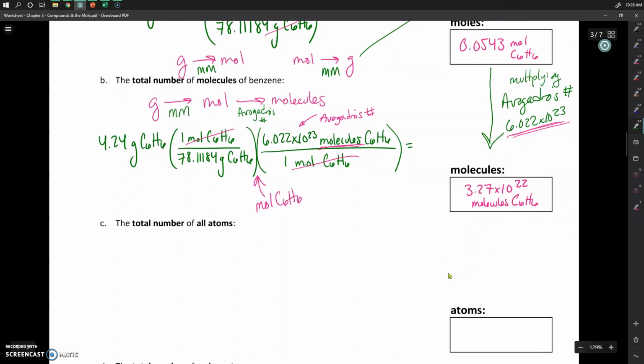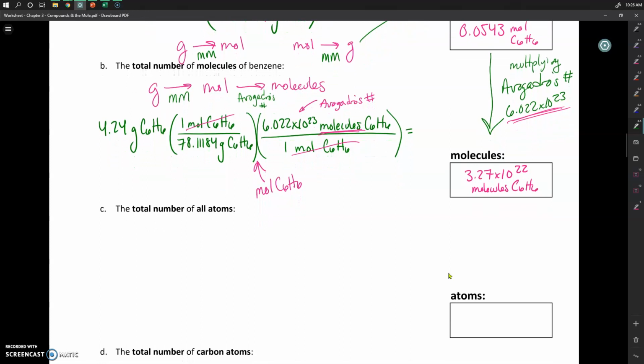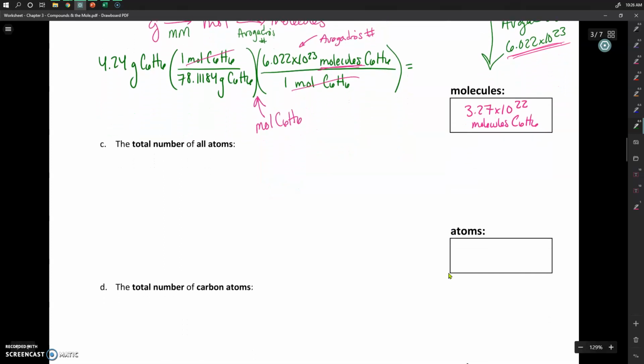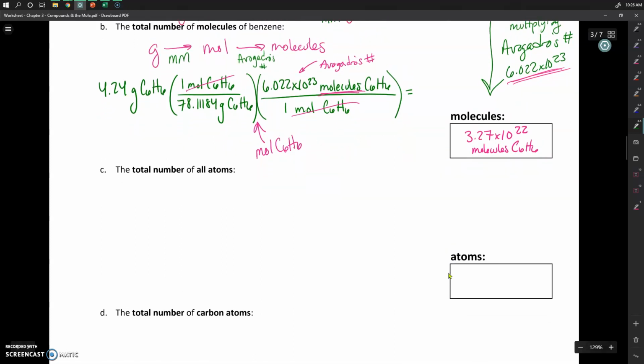But again, I'm challenging you guys to start with grams because you also need to know how to go from grams all the way to molecules, not just from moles to molecules. Okay, we're going to move on to the next one. So the next one is the total number of all atoms. Now, for this one, we want to recognize that we can tell from the formula, C6H6, that there are 6 carbons in this compound and there are 6 hydrogens in this compound, right?